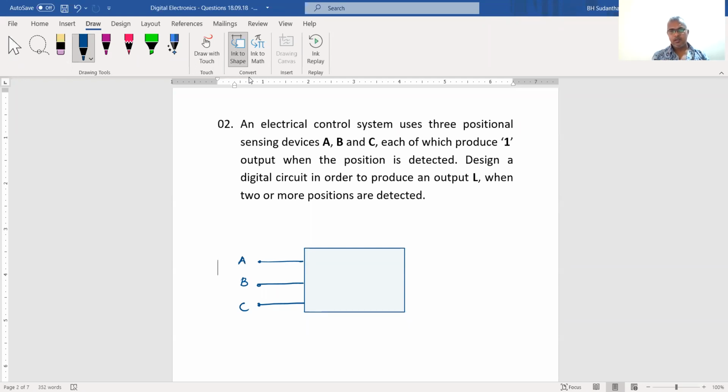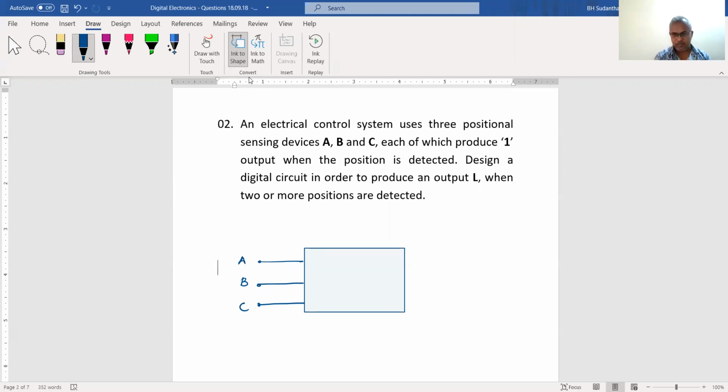Those sensors will produce logic 1 when the position is detected. Now we have to design a circuit to produce an output L. We have to produce output L when we have identified 2 positions.